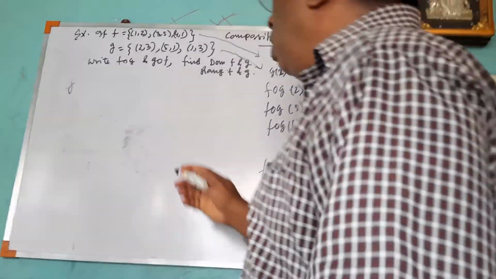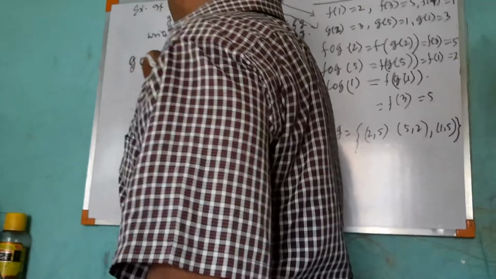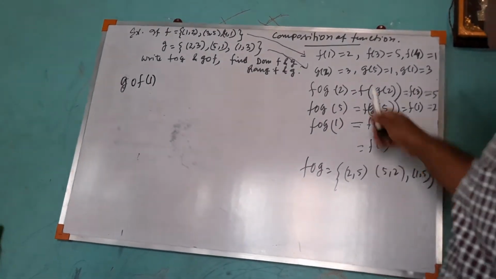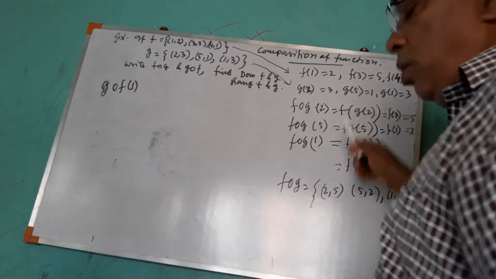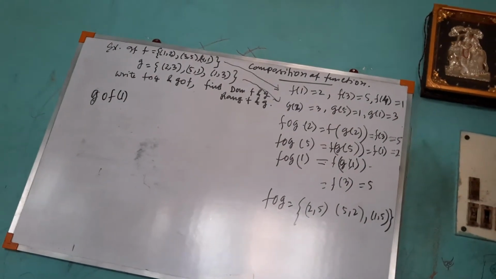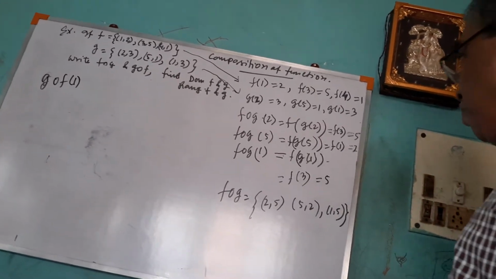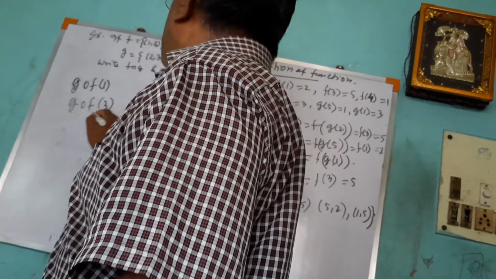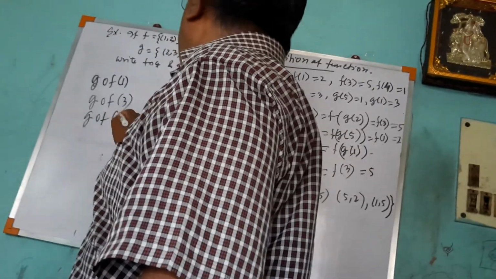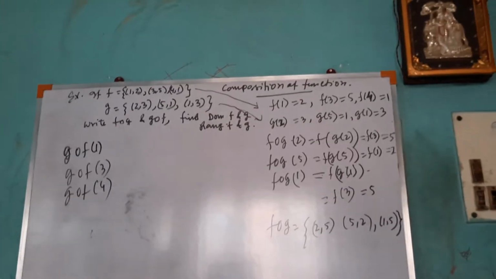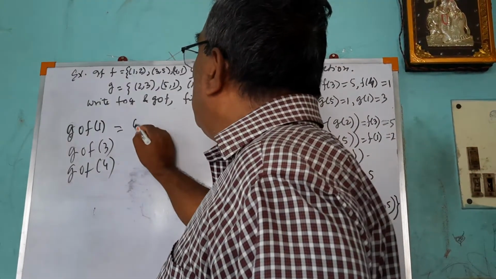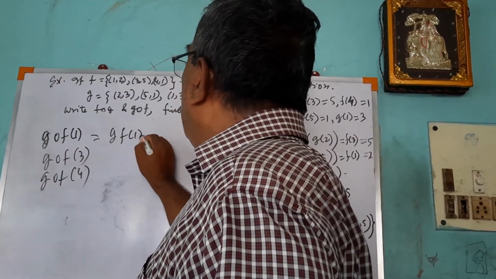GOF 1, GOF 3, GOF 4. Tell me, GOF1 means G of F1.